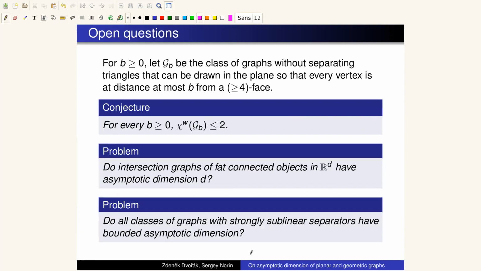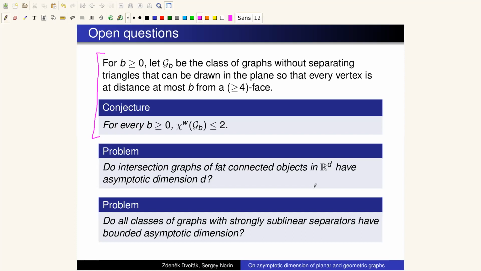Let me finish the talk with mentioning some open questions. I have already spoken about this conjecture, which we think that solving it would give a lot of insight into the asymptotic dimension of planar graphs. Also, for these geometric graphs, we were able to show asymptotic dimension 2d+1, which was because we split into d+1 parts, and on each of them we needed to use 2 colors.